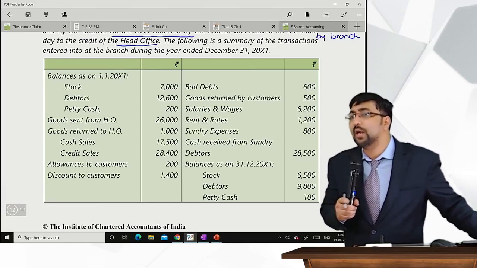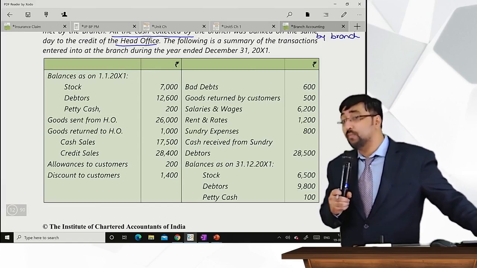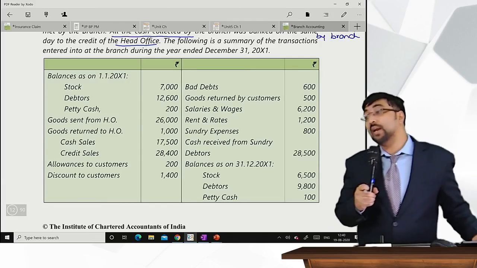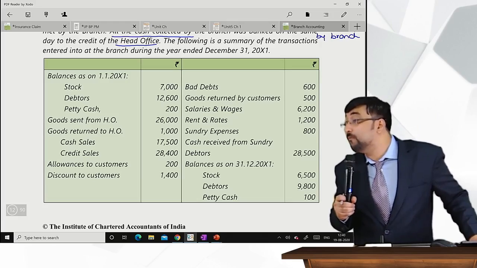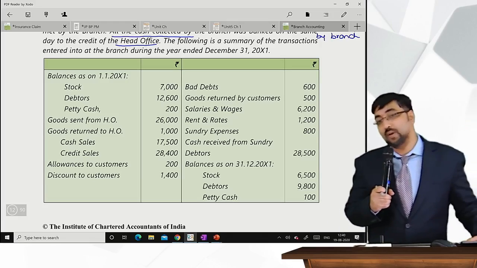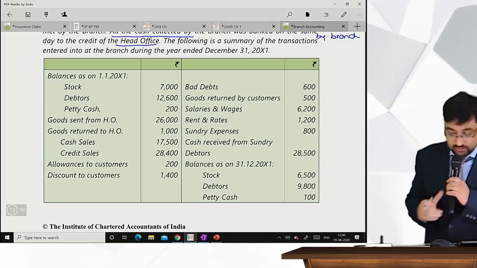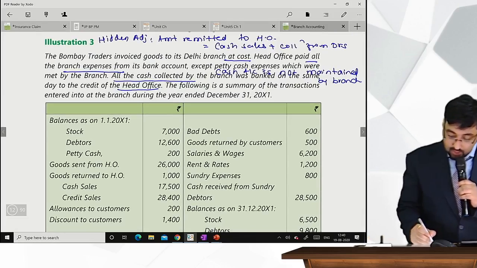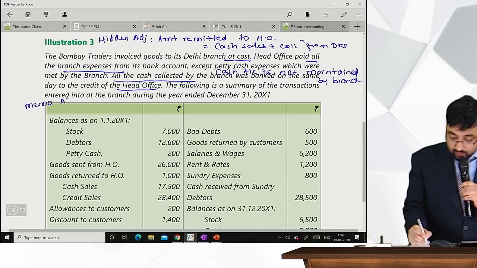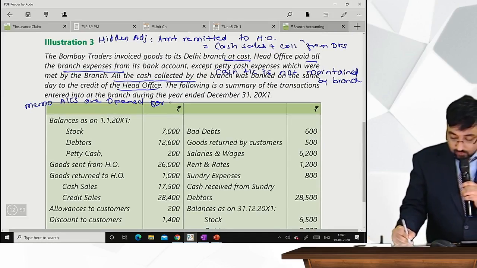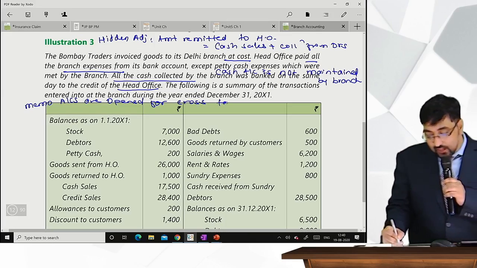Don't open memorandum stock account, but at least open memorandum debtors and memorandum petty cash. Memorandum debtors and petty cash are opened only for cross tally purpose, not other than cross tally purpose. Okay, so you can write in this question, memorandum accounts are opened for cross tally.